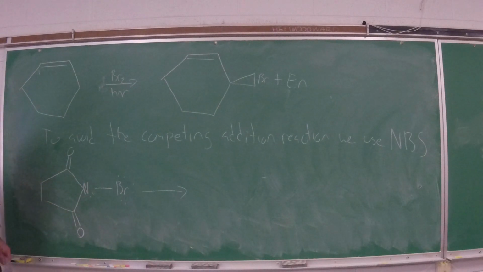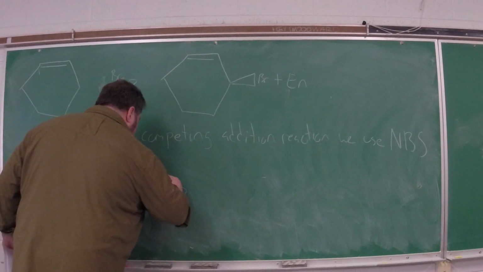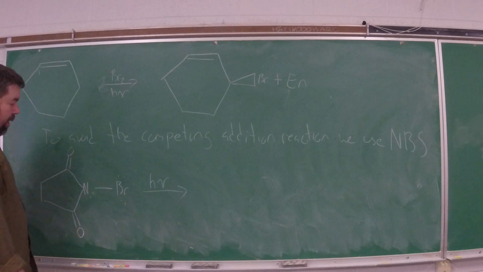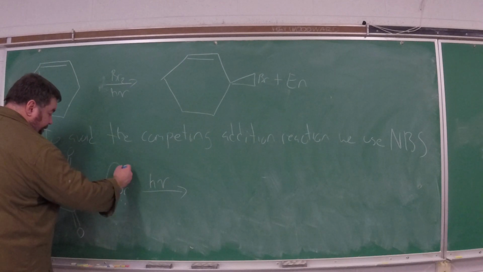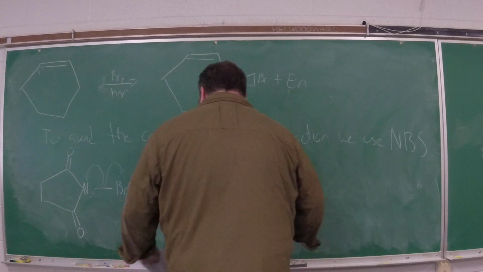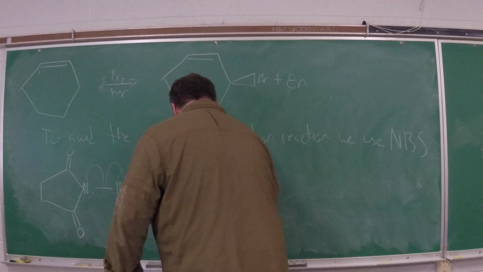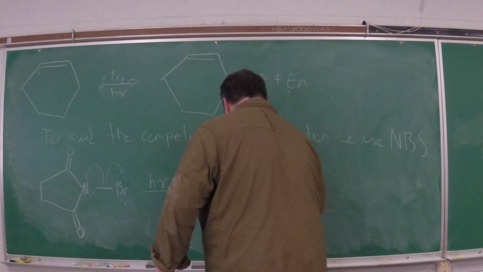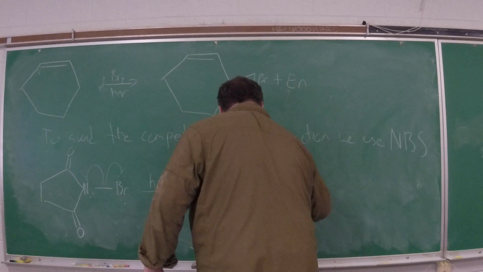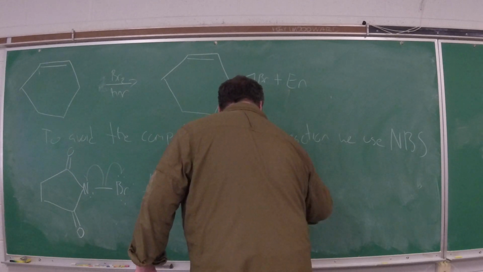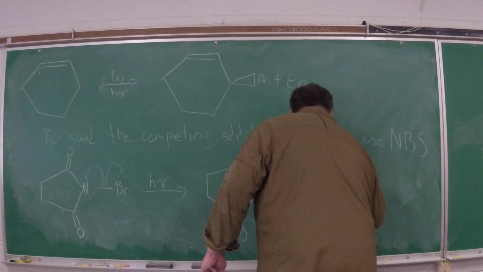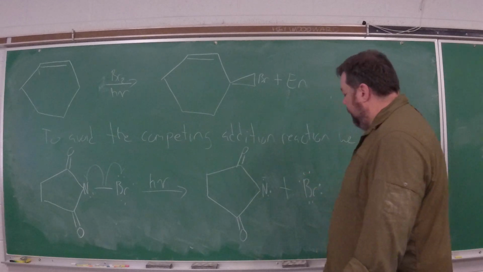And so we get a bromine radical from this by smashing this thing with some UV light, some electromagnetic radiation, h-nu, right? And we end up with this, which will be stabilized by resonance, plus a bromine radical, like that.